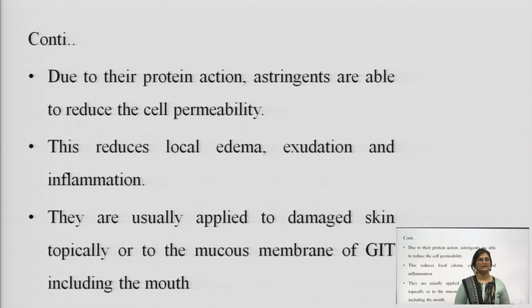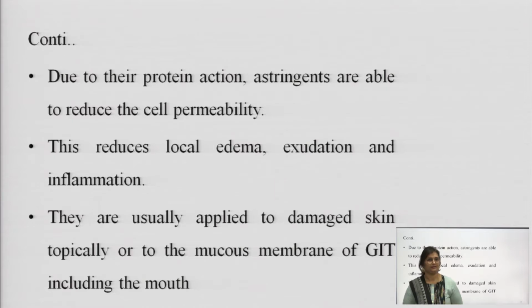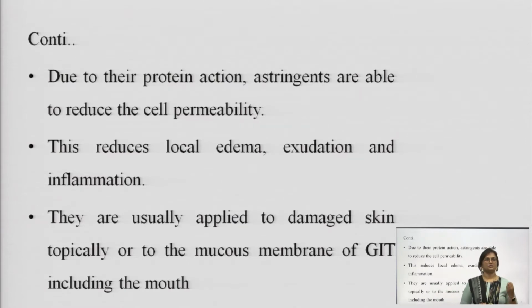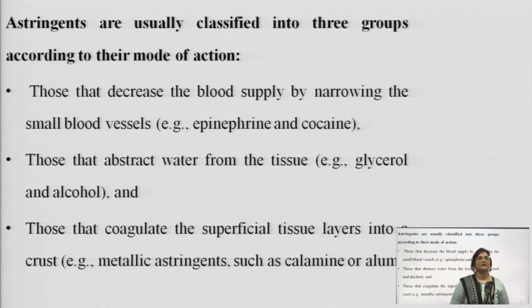As we already said, astringents are used as a protective layer, hence they are applied to damaged skin topically, that is, to the mucous membrane or GIT or the internal membrane of the mouth, the oral cavity.